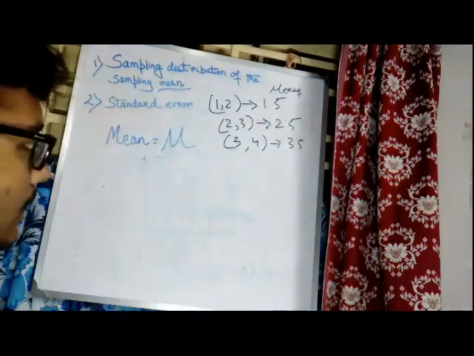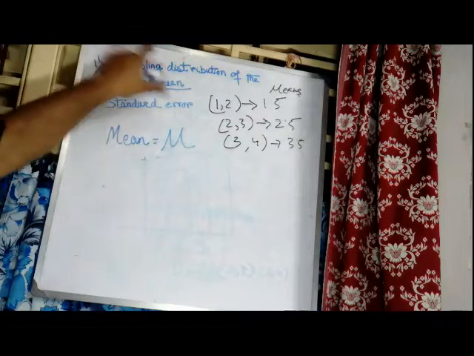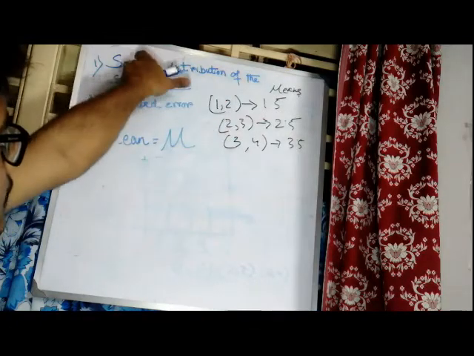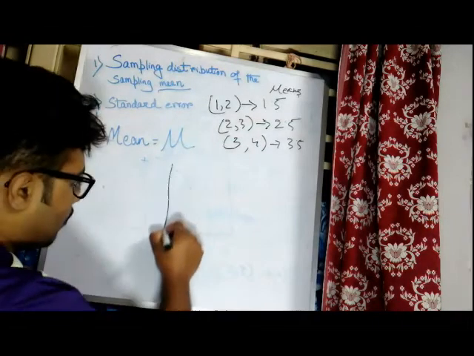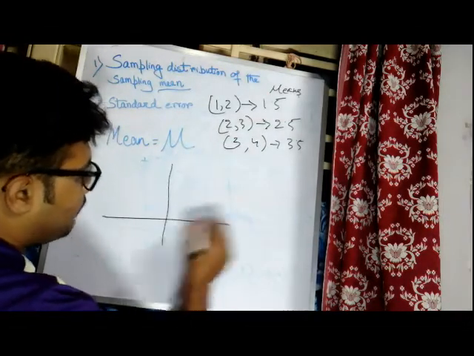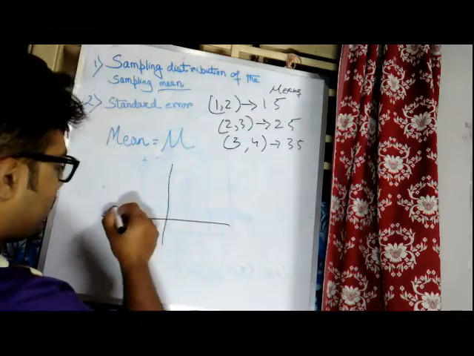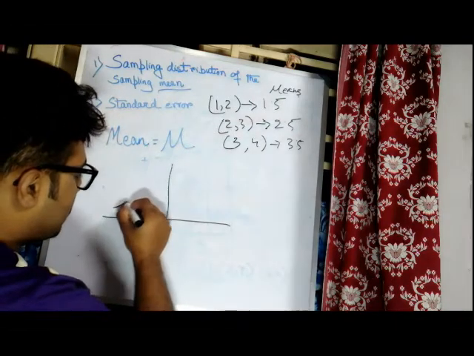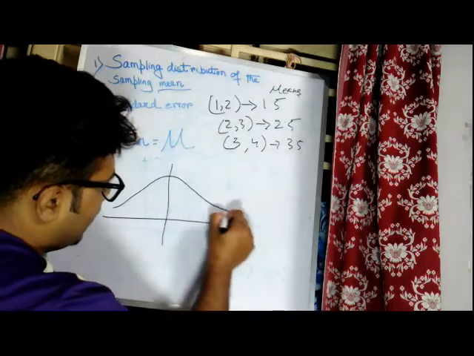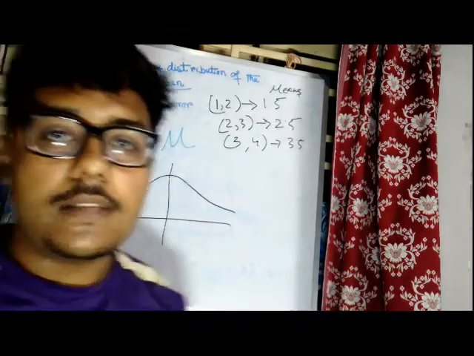The means of all these are the means of this sampling. Now the samples we get are distributed in different samples. When we plot this in a graph, we will see that it is distributed almost like this, that is a bell curve, or what we call a normal curve.